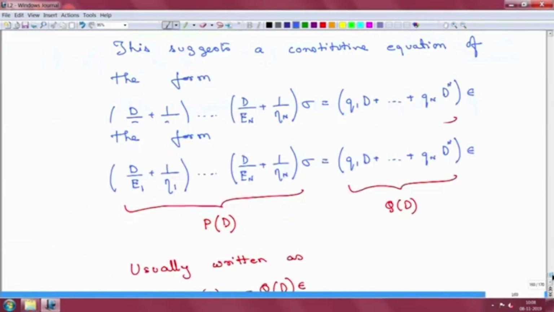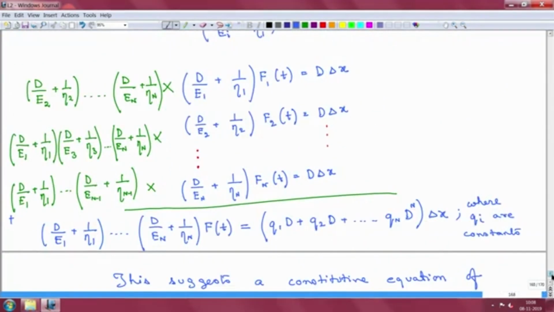And what happens on this other side? If you try to redo this, what you will see is that the highest power of the differential operator on the other side also decreases by 1. So, it is n minus 1, but now you will also have a constant term. The way the multiplication and the addition will occur, you will have a term which does not have the differential operator, and because you had another E n, you will still have that.